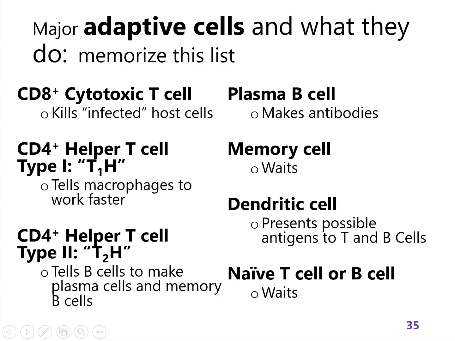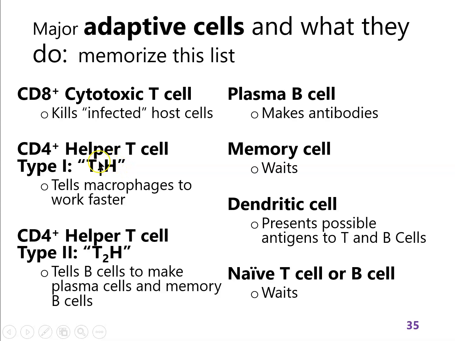Okay, so back to major adaptive cells. This is the big list. One thing I'm going to point out is that there are different ways of writing this helper type 1 T cell. I posted these slides. If you're seeing this in 2021, I posted these slides and didn't notice that I hadn't updated this.